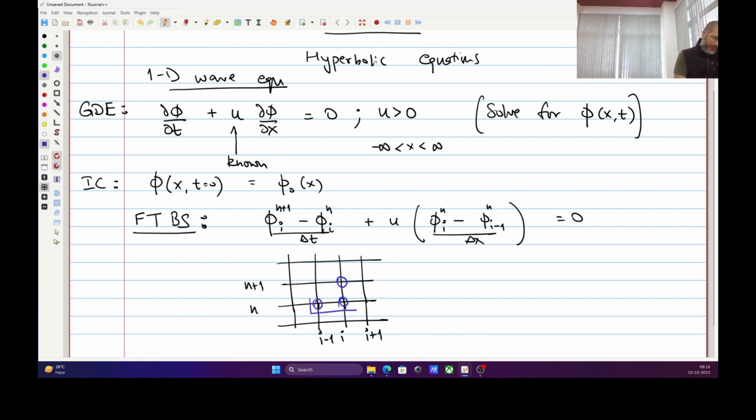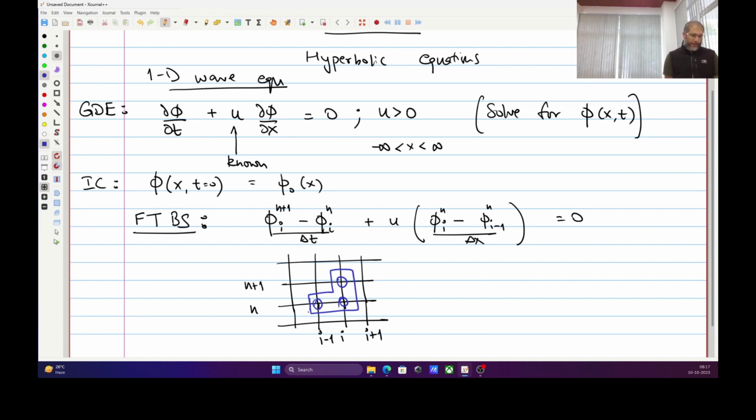So the stencil looks like this. Right, so now we are quite comfortable with this exercise.